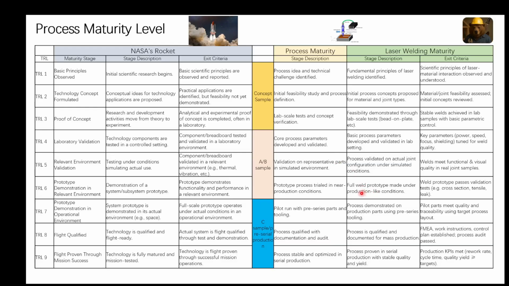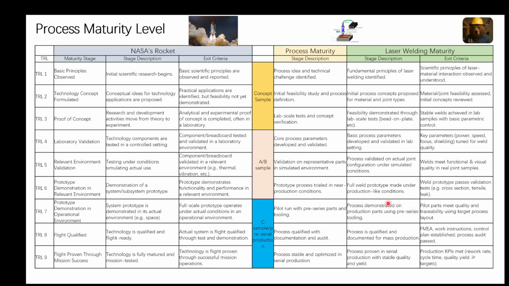Then the full weld prototype is made under production-like conditions. You can do it on actual samples, B samples or A samples, and do some validation tests. Then the process is demonstrated on production parts using pre-series tooling.